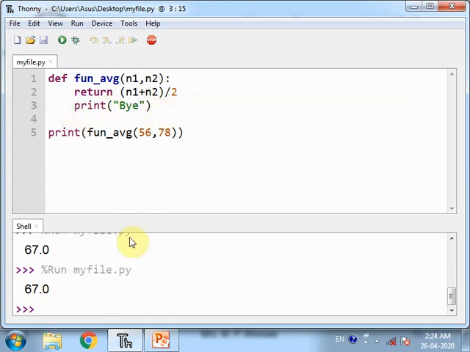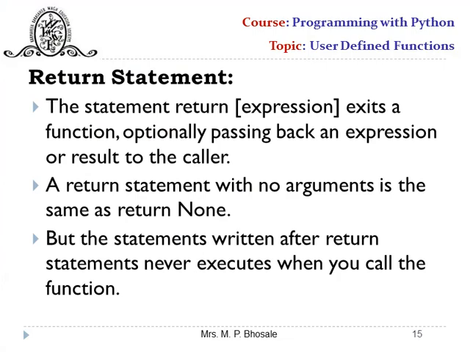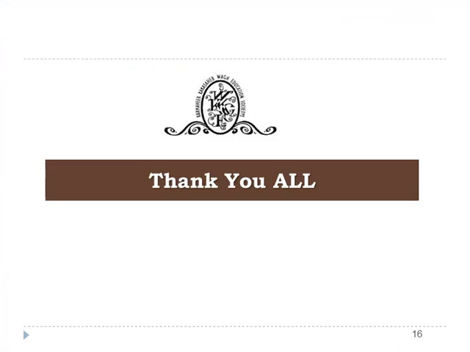That means after the return statement nothing will be executed. So this is all about writing user defined or our own functions in the Python programming language and calling those functions. Thank you all.